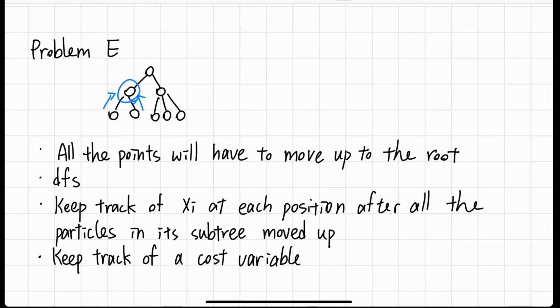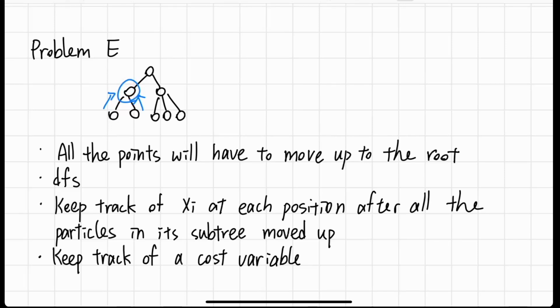And because this is a tree, we realize that all the particles from the leaves will have to move up to the root. So the minimum path for all the particles would be to move up to the end. And so we can perform a DFS on this tree and keep track of the xi at each position after all the particles in the subtree moved up to that node.